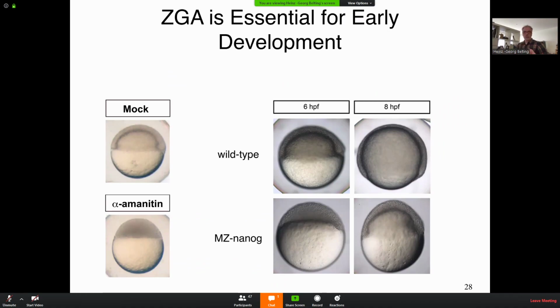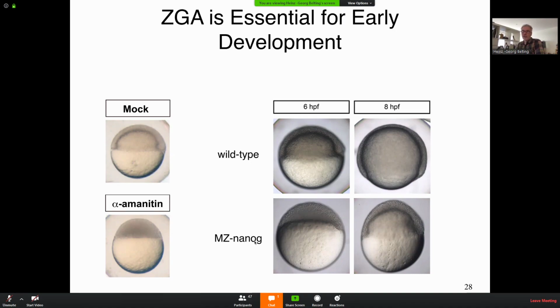Okay, and this maternal zygotic activation is important for any development. If you prevent zygotic transcription, for example by inhibiting RNA polymerase using this drug called alpha-amanitin, you don't have zygotic gene transcription and you don't get any development anymore. The same is true if you inhibit any of these stem cell factors like Nanog or Oct4 in zebrafish.